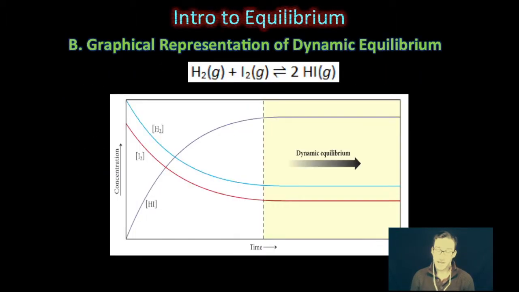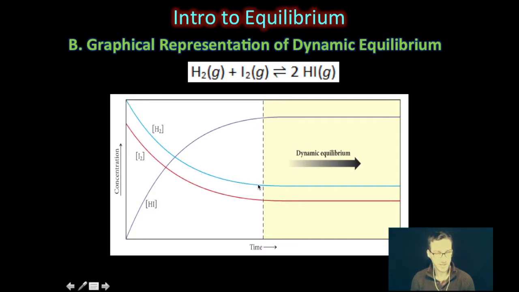So as we take a look at how we might interpret equilibrium in a graphical representation, you're given an equation there for the synthesis of HI from its elements hydrogen and iodine. And as you thoroughly study the graph, your reactant concentrations that you start with decrease as time progresses.